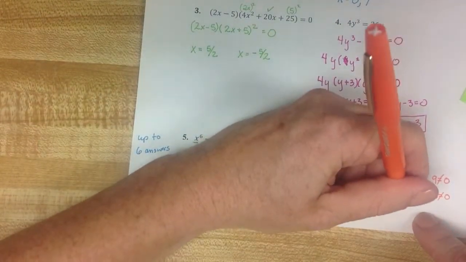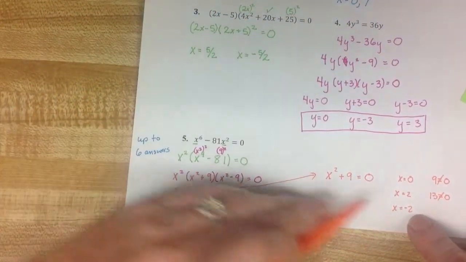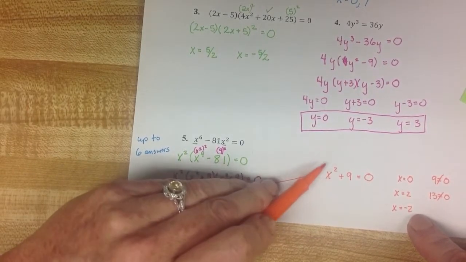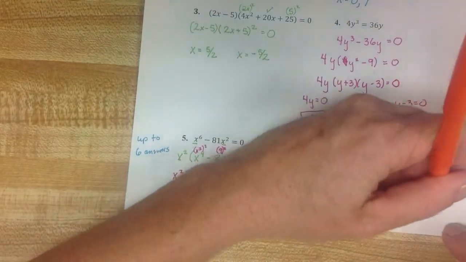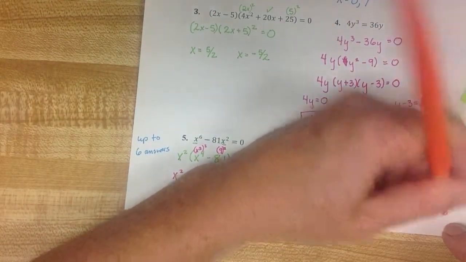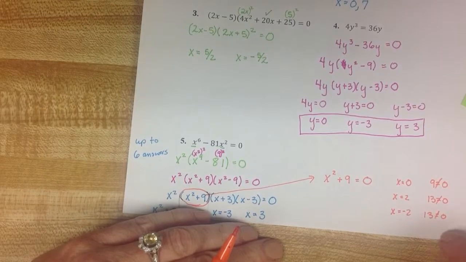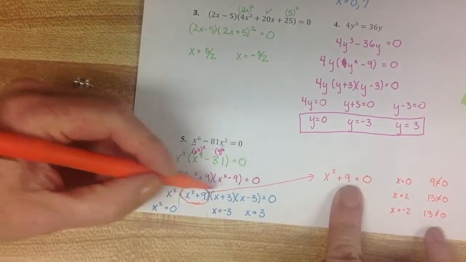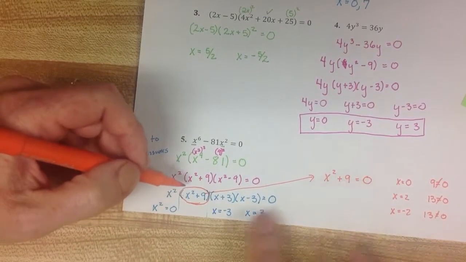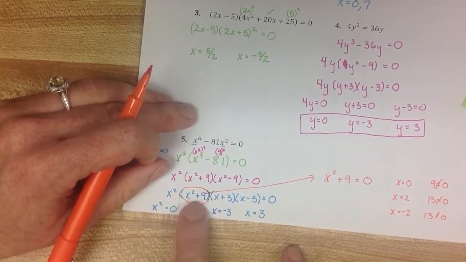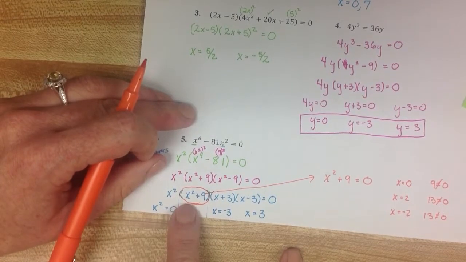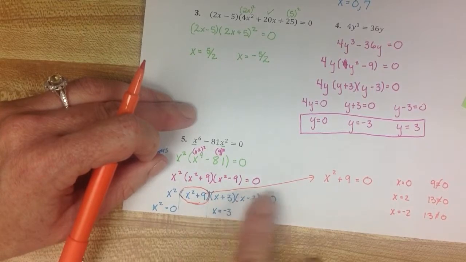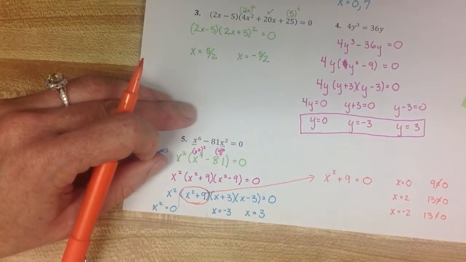And even if we try a negative number, a negative 2, when we square negative 2, it turns into a positive 4, which when added to 9 is still going to give us a positive number, which is not equal to 0. So this particular term in our factored polynomial has no way of being set equal to 0, because any number when it gets squared is going to be positive, and when you add more positive to that, there's no way to get yourself back to 0.